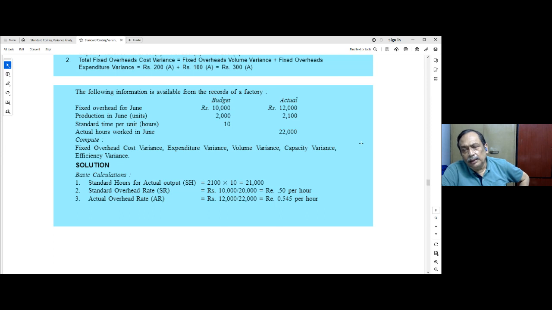That is 2,100 into 10, that is 21,000. Standard overhead rate, that is SR, rupees 10,000 divided by 20,000, that is 50 paise per hour. Actual overhead rate, that is AR, rupees 12,000 divided by 22,000, it comes to rupees 0.545 per hour.